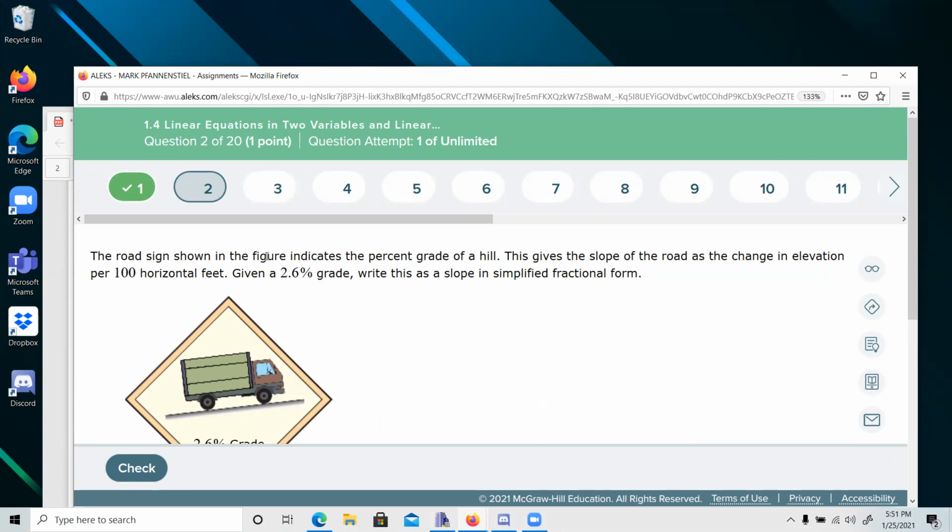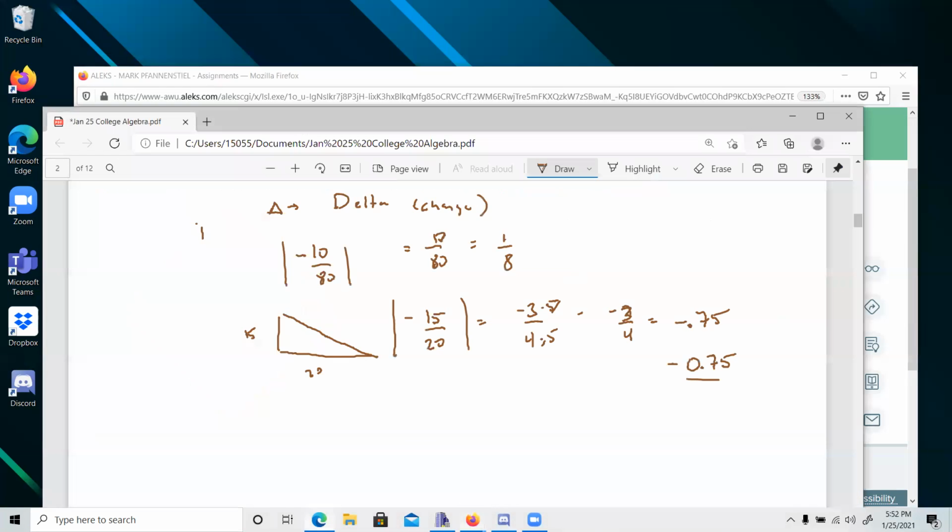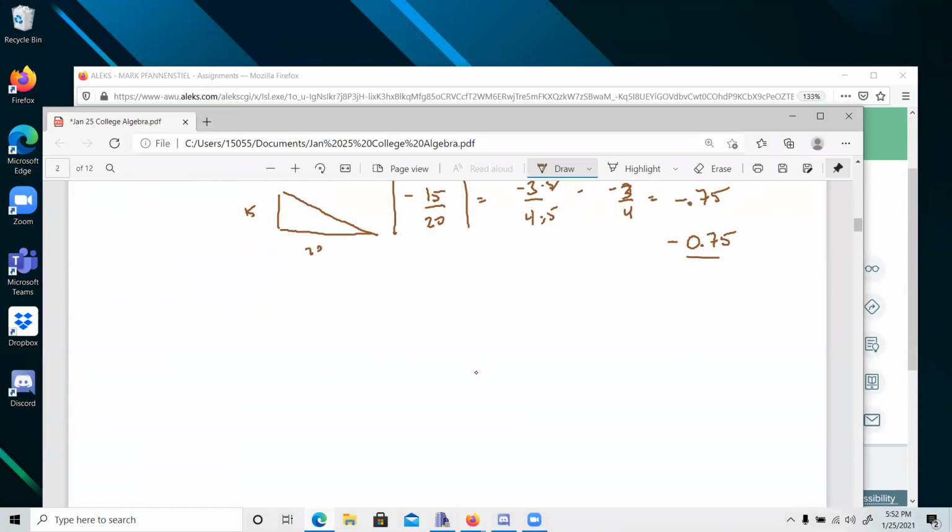So let's see here. We have a road sign. Up a hill, it gives the slope of the road, the change in elevation per 100 feet. Given a 2.6% grade, write this slope in a simplified fractional form. Okay.